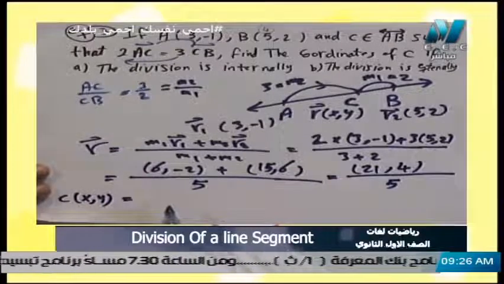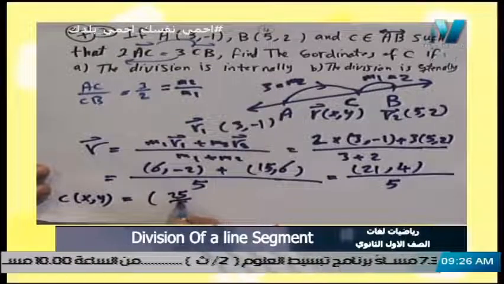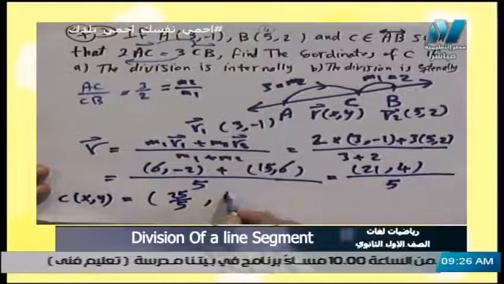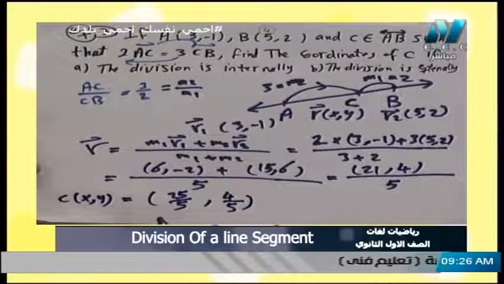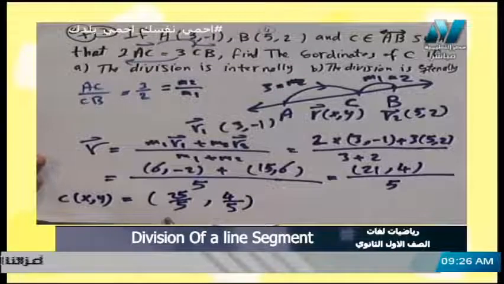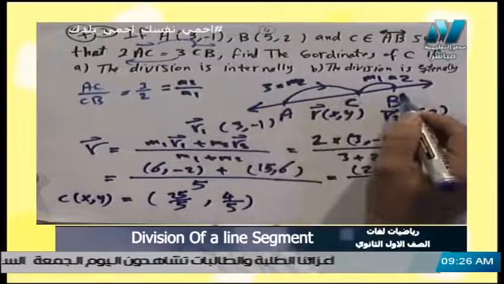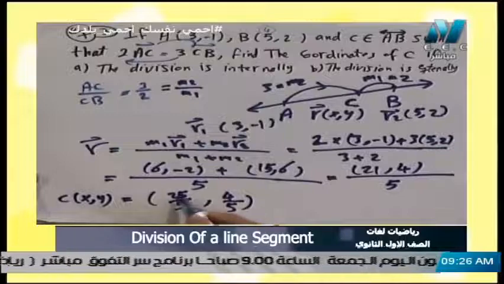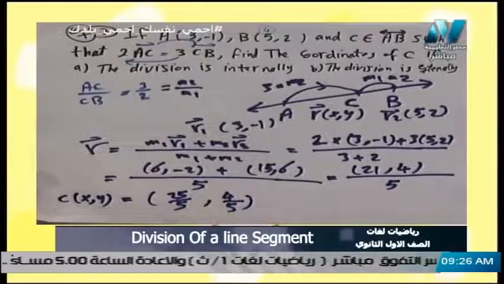The point of division will be 21 over 5 and 4 over 5. So the point C divides internally, and X is 21 over 5 and Y is 4 over 5.